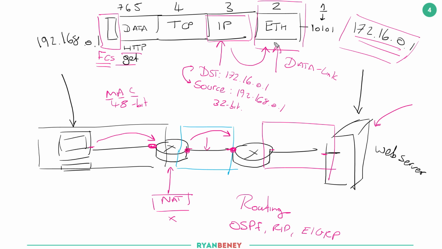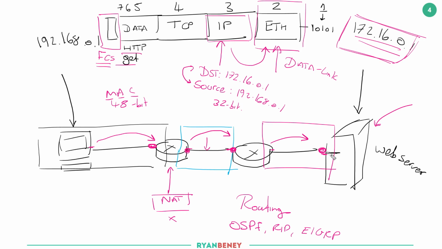It will realize actually it's not for this device because the IP is not on this actual router, it's out this link, and therefore the router will create another layer 2 header, another layer 2 trailer, but this time with the MAC address of the server.